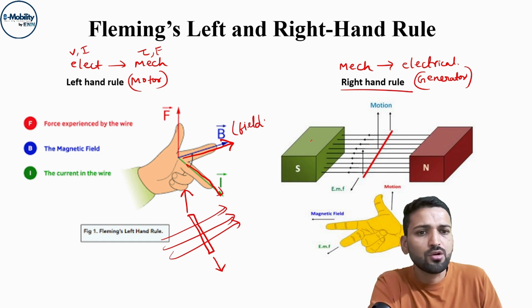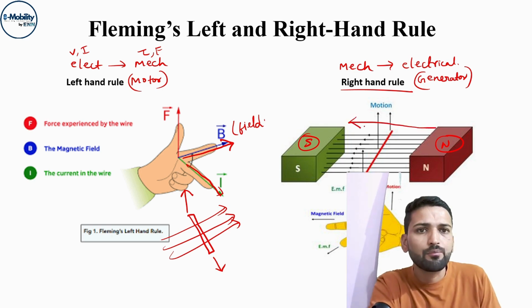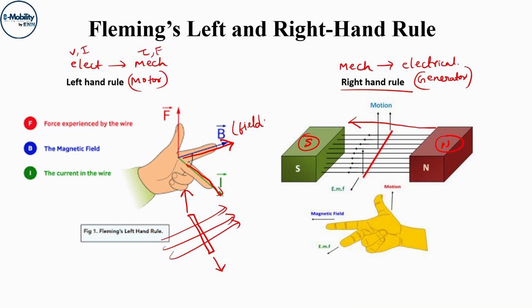Here we have shown the south pole and north pole, and we know that the flux flows from north to south. Okay, and the conductor is kept here. So whenever there is a motion in the conductor, suppose the conductor is going upward, what will be the EMF generated?